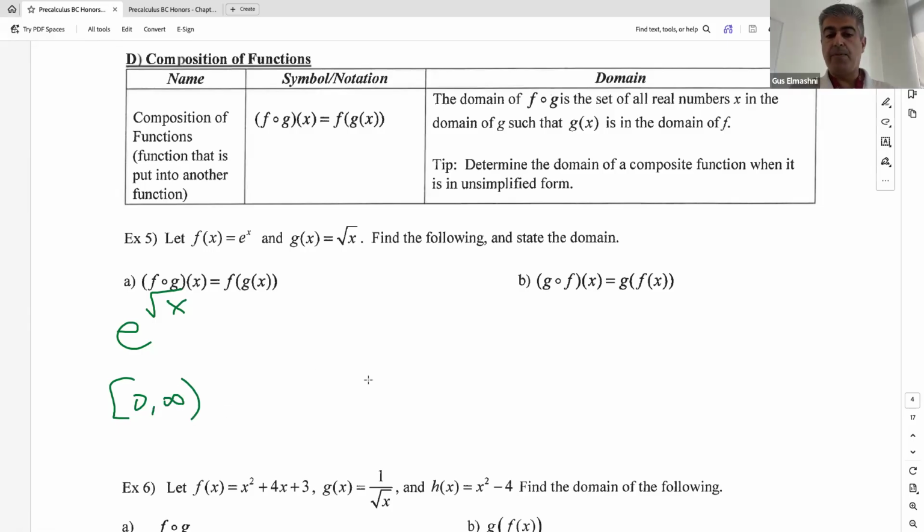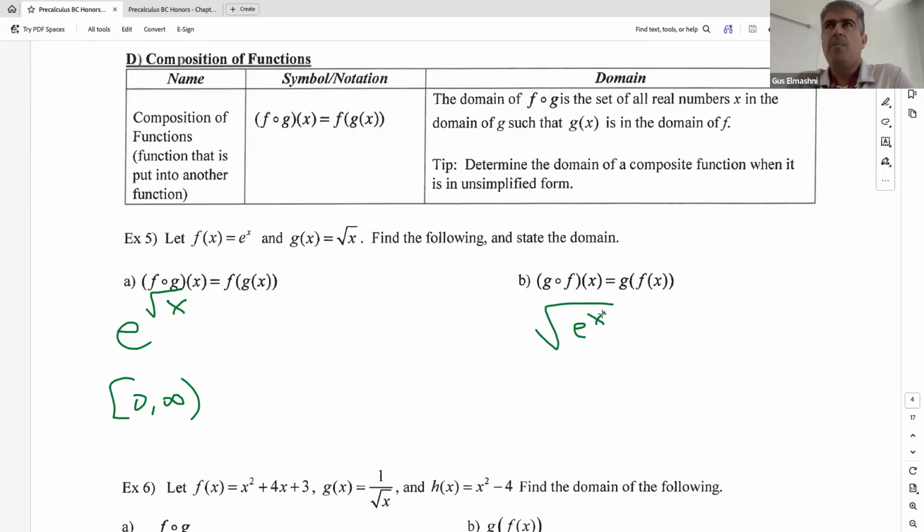But what if I reverse it? What if I do g of f of x? Now, let's think numerically here. What is e to the x? What kind of function is that? Yeah, exponential, right? And the base is positive. It's growth. Even if it were decay, it wouldn't matter.